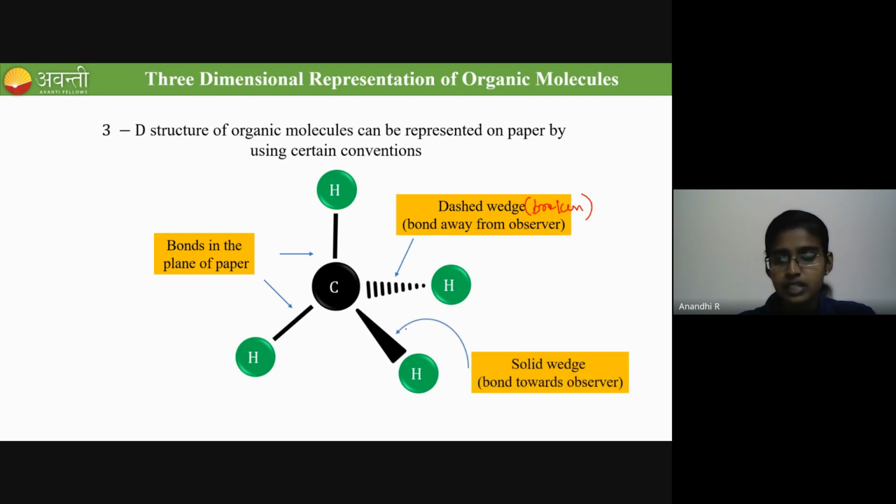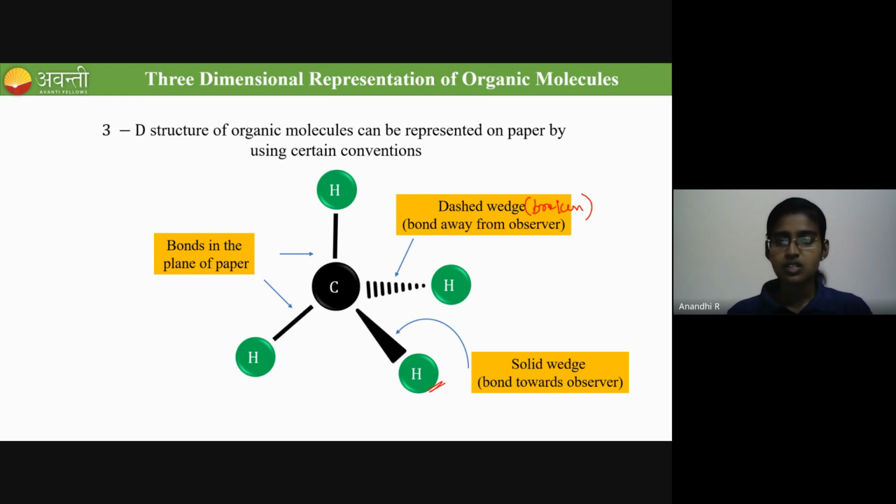If you write like this and color it, it is called solid wedge. This represents that the atom is towards you. That hydrogen is coming towards you. So 2 are on the plane, 1 is below the plane, and the other one is above the plane. This is a 3-dimensional representation of a molecule on a 2D axis.